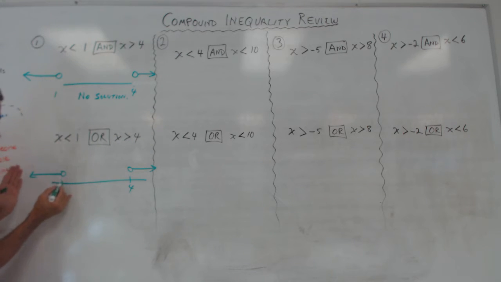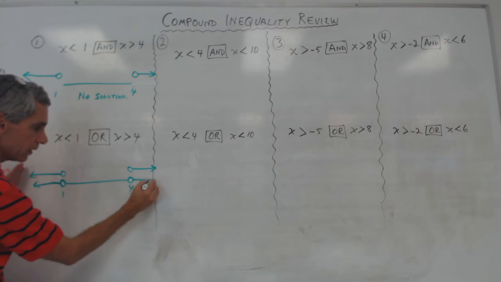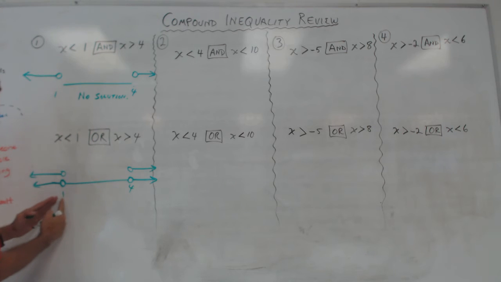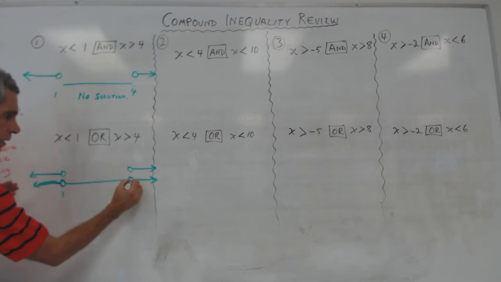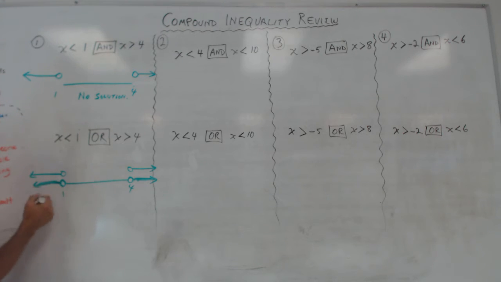So I have to say as my final answer, if I brought this down onto this graph and drew my arrows, sometimes it makes it easier to see it. Well, here's 1 and here's 4, nothing here, but all of this is a solution going forever that way and forever this way, starting at these points.